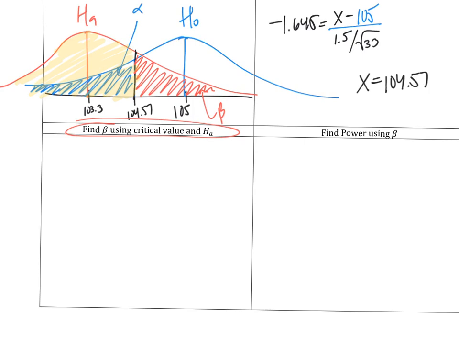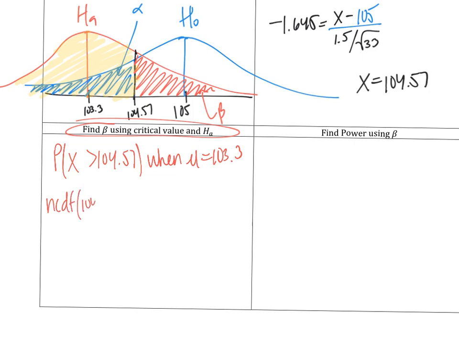So in order to find beta, I'm looking at the probability of an x value being greater than that 104.57 when mu is equal to 103.3, because I'm on the red curve. Normal CDF, lower bound 104.57, upper bound something big like 10,000. Mean 103.3, standard deviation 1.5 over square root of 33.